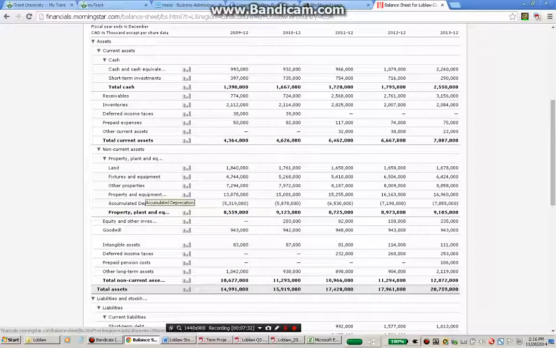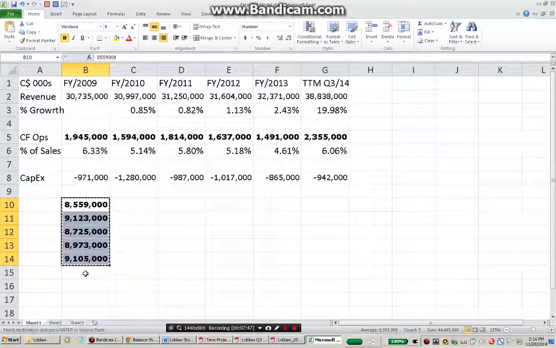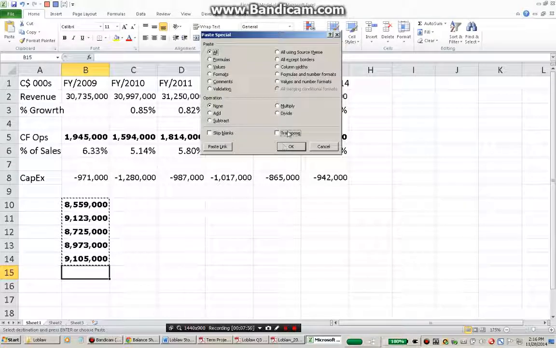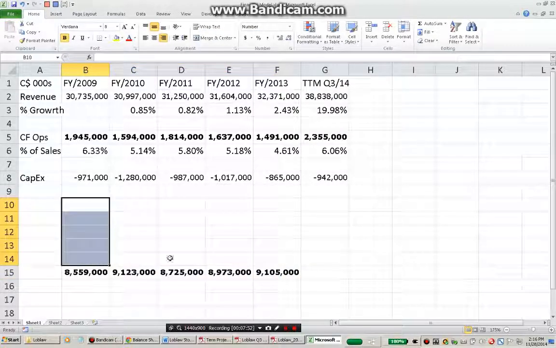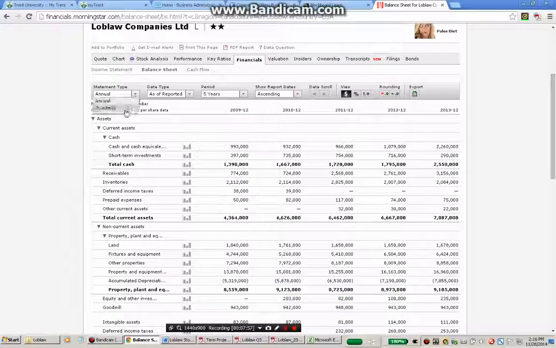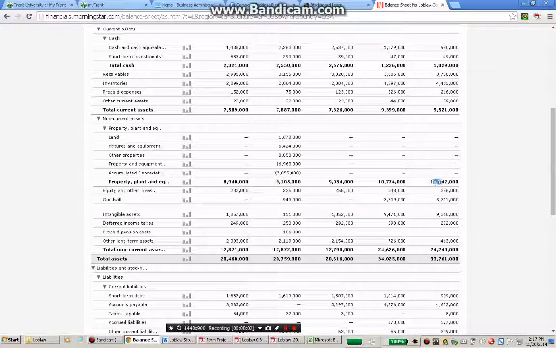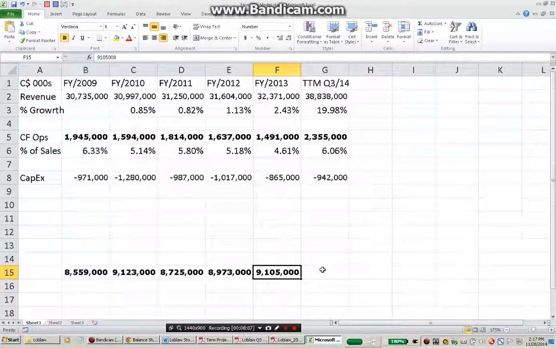That's net of accumulated depreciation. And they've given us until fiscal year end. Just also want to get current. And here we go. In fact, in quarterlies, they only give you the net number, so that makes things a little bit easier for us.